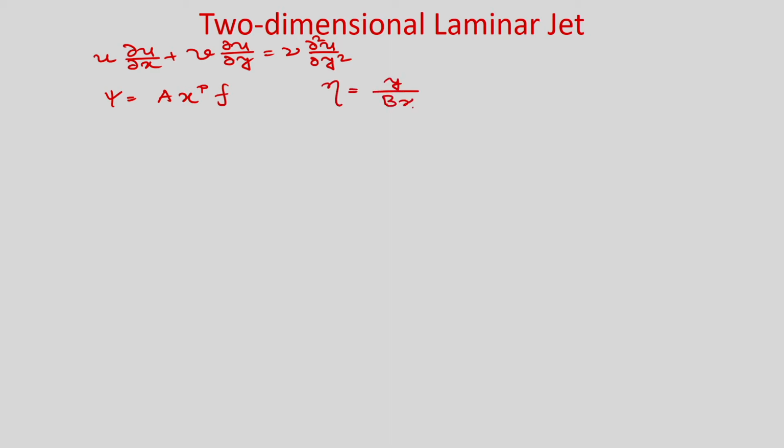So, now we have defined the stream function psi and the similarity variable eta. Now, let us use the momentum equation and write in terms of the stream function psi. So, we have the momentum equation u del u by del x plus v del u by del y is equal to nu del 2 u by del y square, and we have defined psi as a x to the power p f, where f is function of eta, and eta is y by b x to the power q.